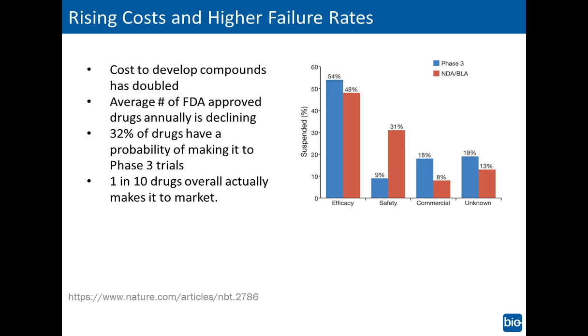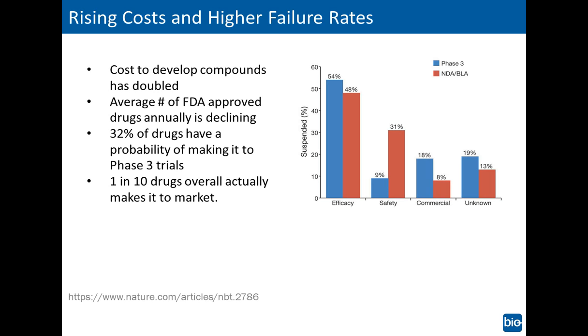And really the cost to develop compounds has grown astronomically in the last decade or so, and this is alongside the actual increase in failure rates of drugs that are being brought through the development pipeline. So the histogram on the right is taken from a review article in Nature that was looking to assess the reasons why clinical trials were getting suspended during the late stages of the clinical trial.